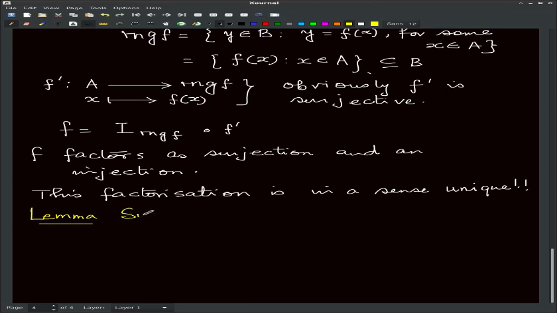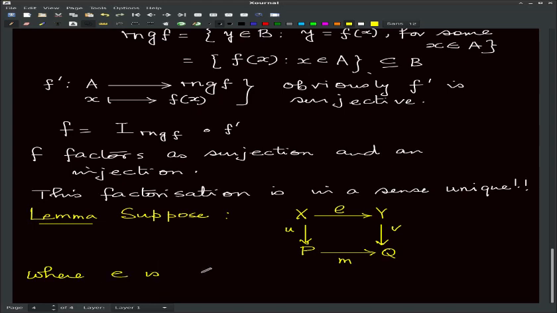Suppose this diagram, where E is a surjection and M is an injection. Okay?